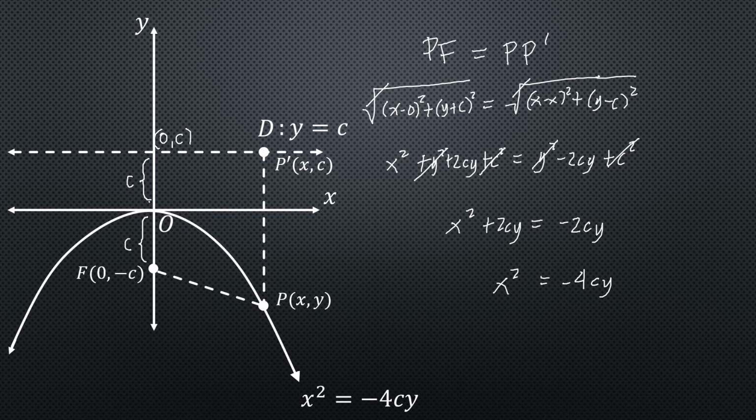Therefore, if c is not equal to 0, then the equation of the parabola that opens either upward or downward will be x squared equals 4cy. If c is negative, the parabola opens downward. If c is positive, the parabola opens upward.